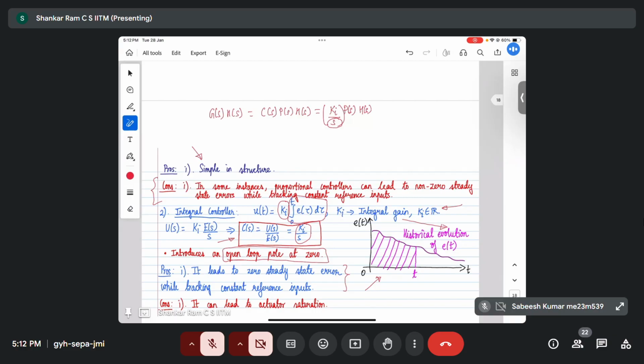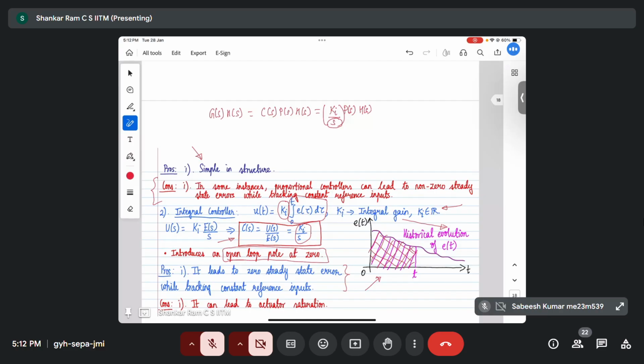However, let's say we take some time t and we integrate. What is integration graphically? It is calculating the area under the curve. So we observe that although the error may be decreasing, let's say we keep t to the right, what happens? The area will increase, right?